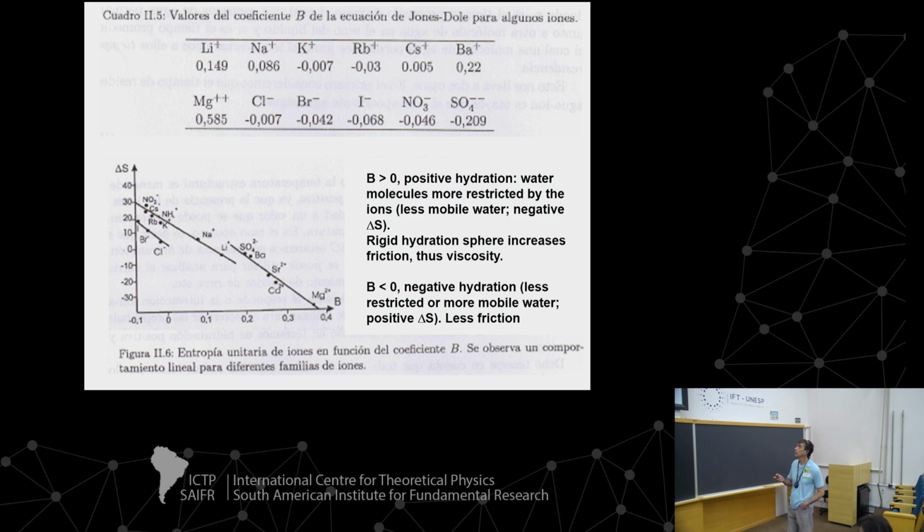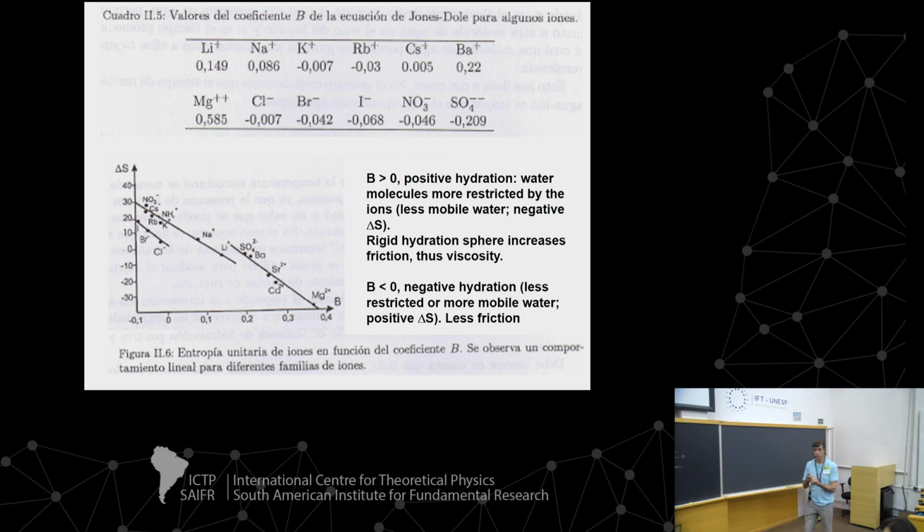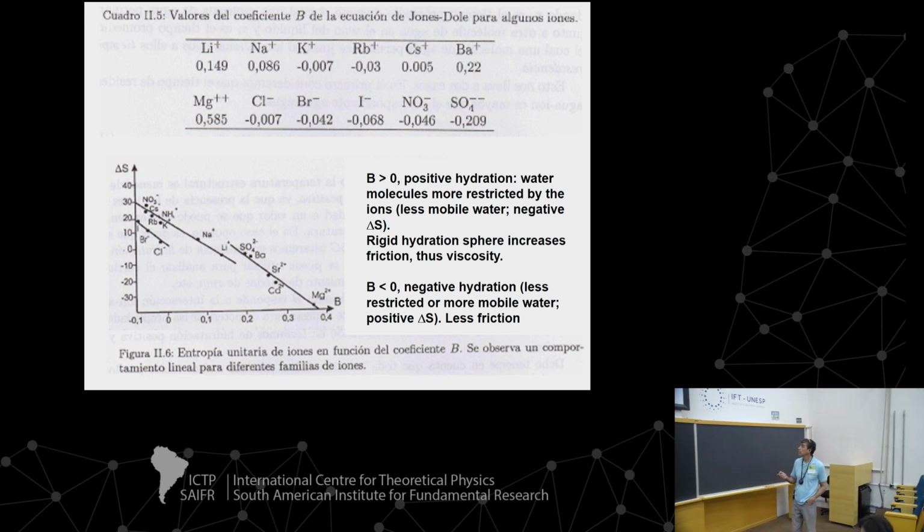So in the case of B positive, we speak of positive hydration. The water molecules will be very tightly bound to the ion. They will be very restricted in their motion. So we will have entities in which the ion has a very rigid sphere, and this rigid hydration is going to increase the friction in your system, is going to increase the viscosity. But when B is negative, we speak of negative hydration.